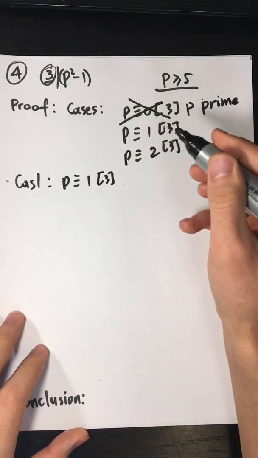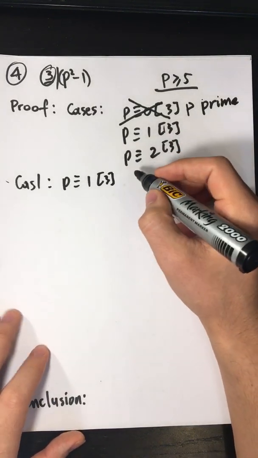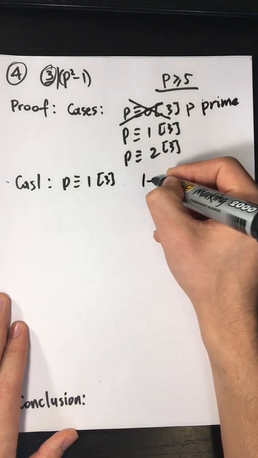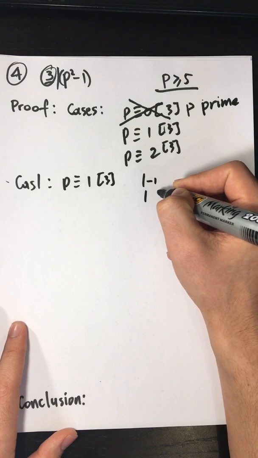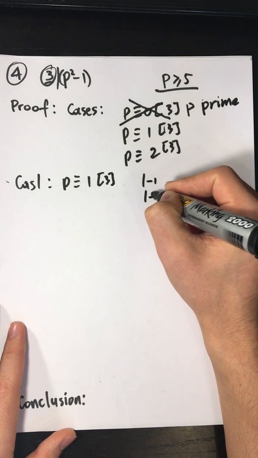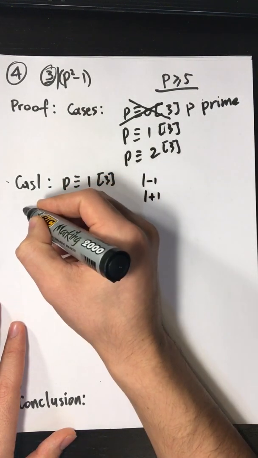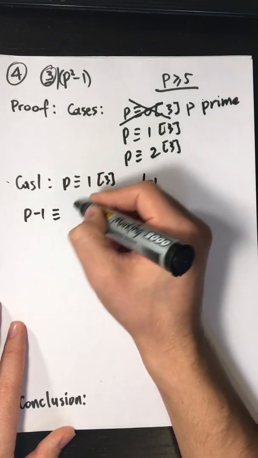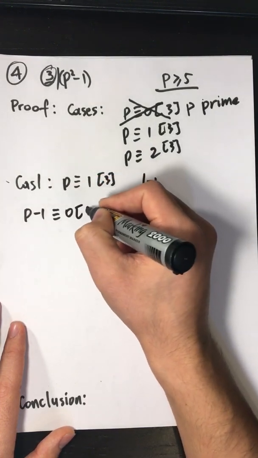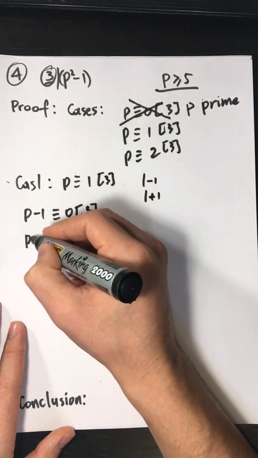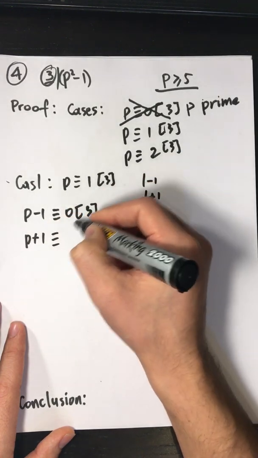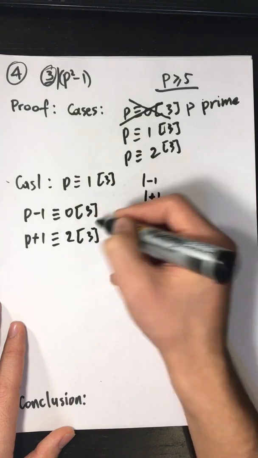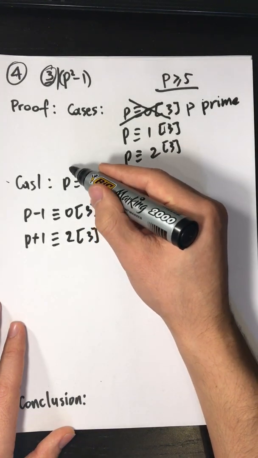In this case, according to the properties I showed you, we can subtract 1 and then add 1. If you subtract 1, it's p minus 1 here, and 1 minus 1 is 0, and then p plus 1 is 1 plus 1, which is 2, mod 3. I'm adding 1 to both sides.